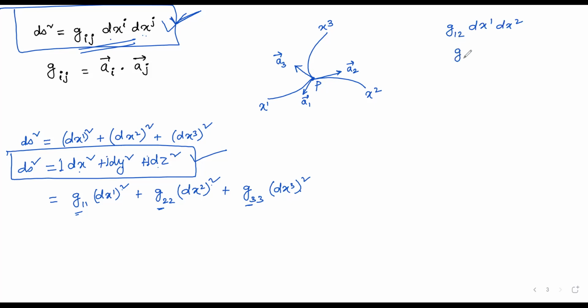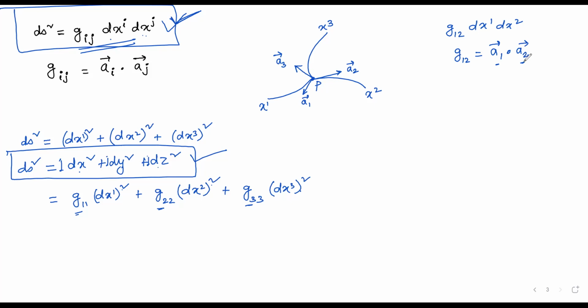But what is G12? G12 is actually A1 dot A2. In Cartesian coordinates, the tangent vector along the x-axis and the tangent vector along the y-axis, they are perpendicular to each other. That is, our Cartesian coordinate system is an orthogonal system. Okay, orthogonal curvilinear coordinate system.